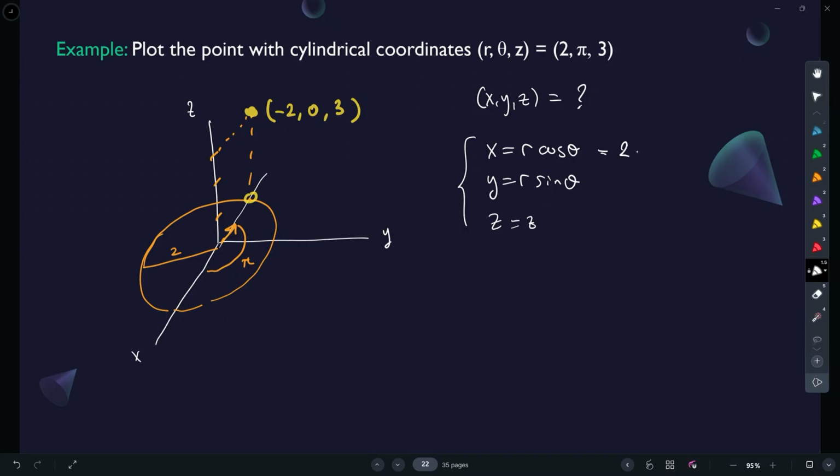R is 2 times the cosine of theta. The cosine of pi is -1. So it has to be -2. R sine theta, the sine of pi is 0. And z equals z, so it has to be 3. So it has to be -2, 0, 3.